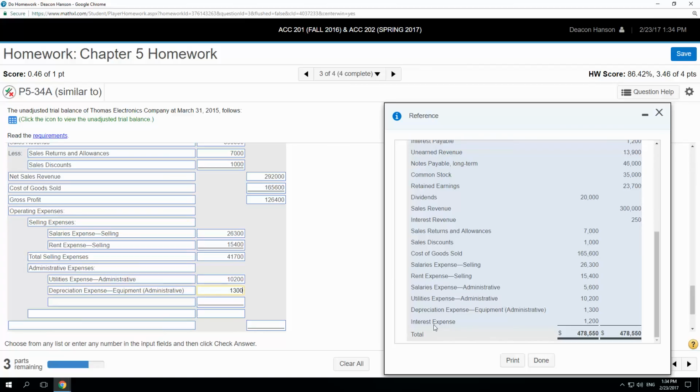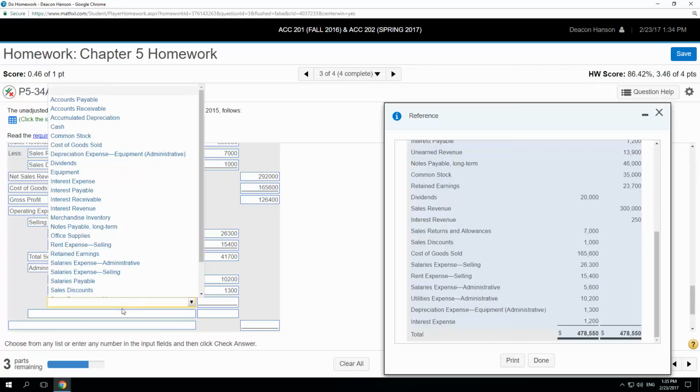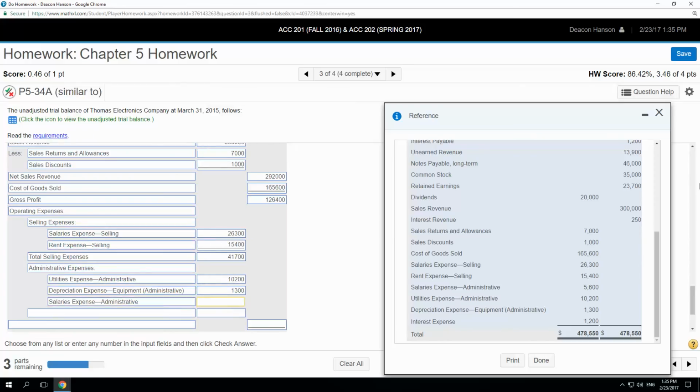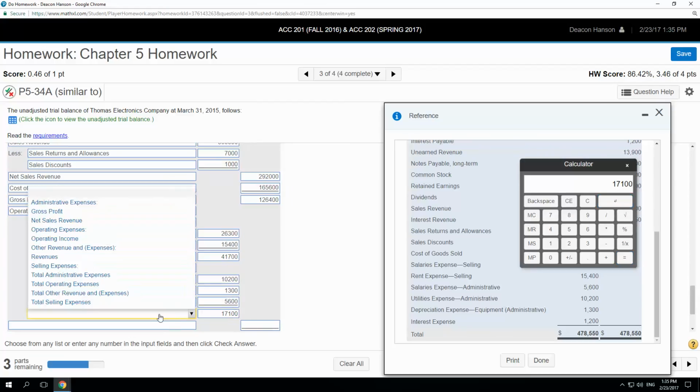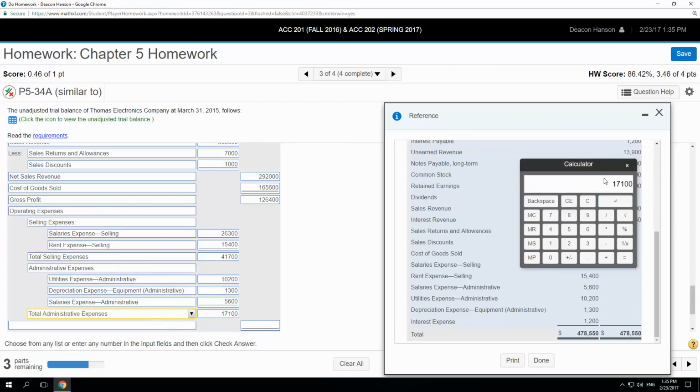And then salaries expense, administrative. Okay. And that's 5,600. Then you just add them up. Whether you do it in your head faster or with a calculator, it's up to you. That would be my total administrative expenses.